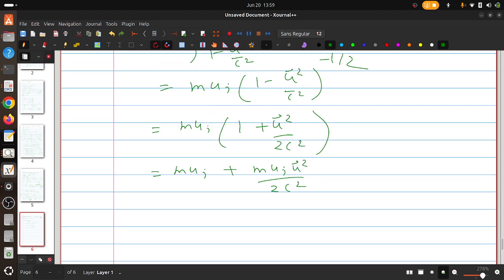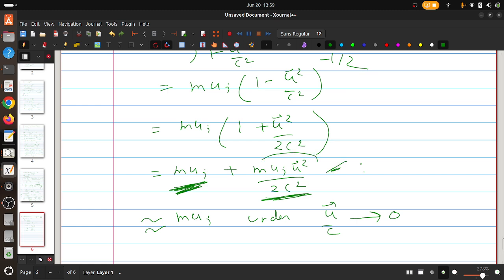And now we see that this second term is very small as compared to the first term.